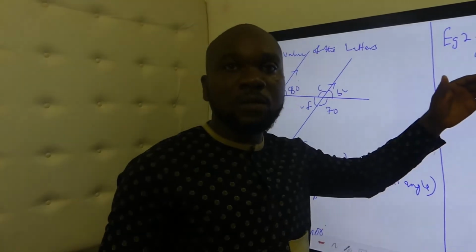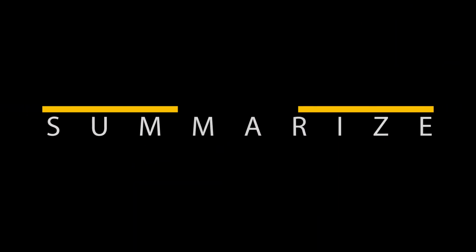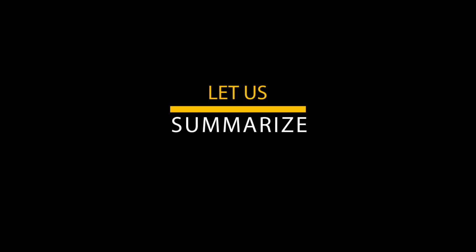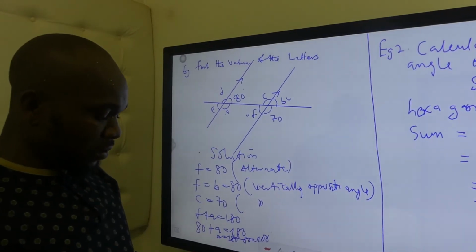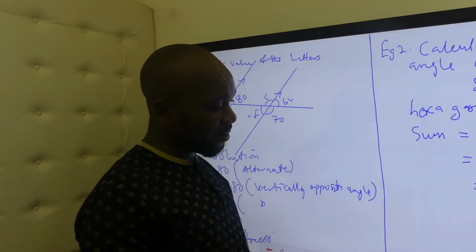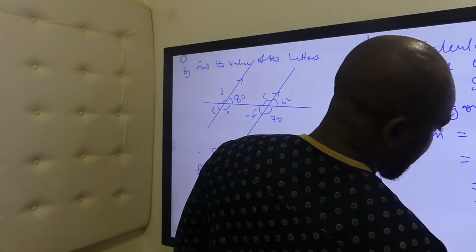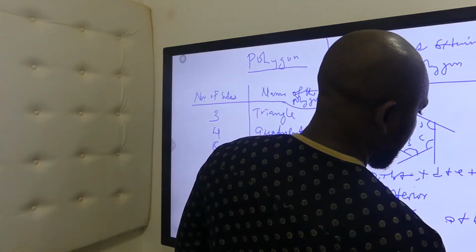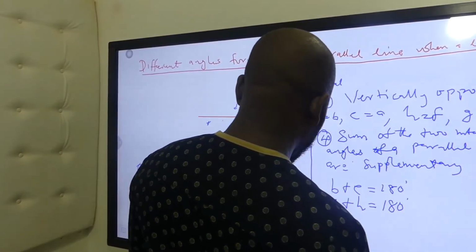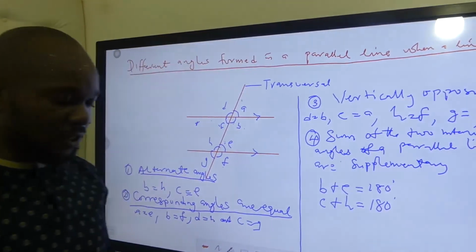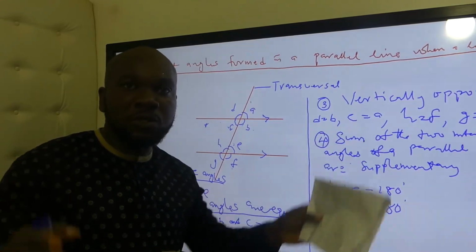But before I close, I want to summarize what we have done. The first thing is this. I told you about parallel lines, which are there when two lines can never join together.